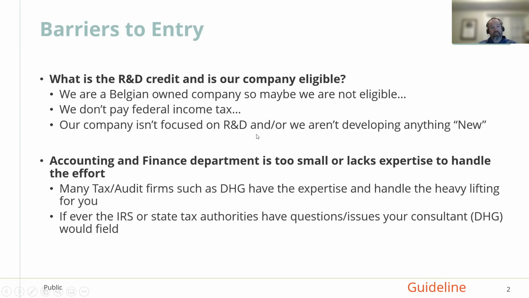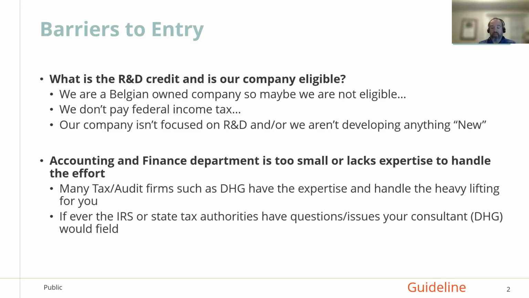So again, as Will also mentioned, this credit's available to companies developing newer, improved business components, but applies not only to product development, but also activities and operations like new manual processes, software development, quality enhancements, and so forth.